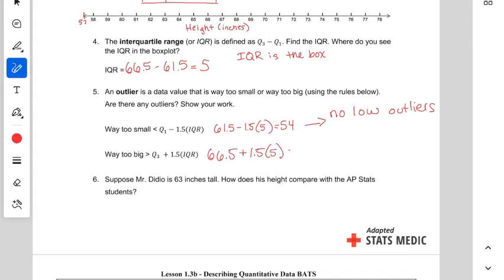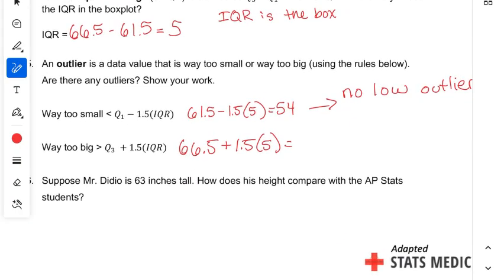But you can still have a high outlier. So we would do 66.5, because we take Q3 plus 1.5 times 5 to find out what that is.